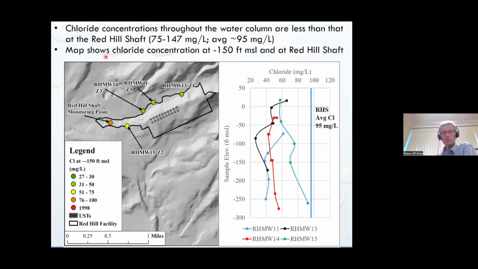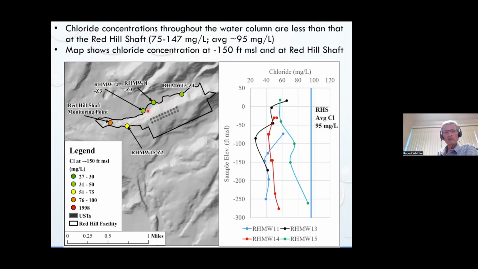So the next question is, where does that come from? We have a major pumping center, and one hypothesis would be that that pumping center is drawing chlorides from deep beneath it up into the freshwater lens. But we have a series of wells that have multiple depth sampling points.